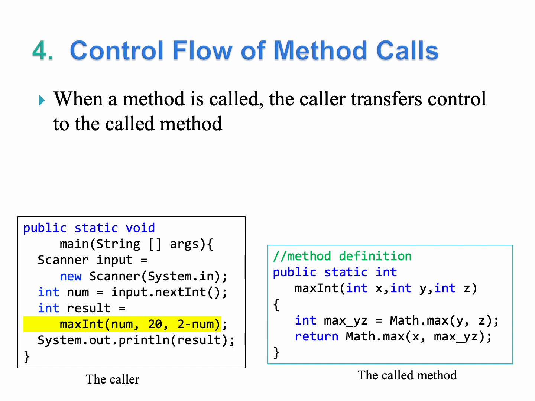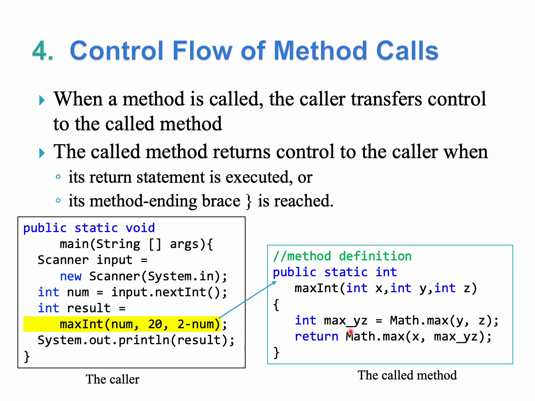When a method is called, the caller transfers control to the called method. For example, when the call to the maxInt method in the method main executes, the main method, which is the caller, transfers control to the method maxInt. The code in the body of the maxInt method will then execute.